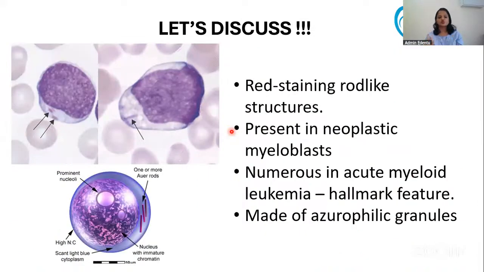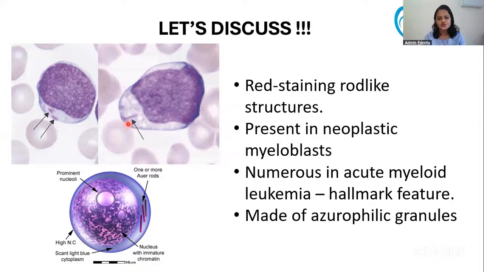Now let's see what Auer rods are. This is a myeloblastic neoplasm, so you'll be able to see large cells like this. Myeloblasts will be seen, and this is the main nucleus. In the cytoplasm, at the periphery, you'll be able to see red or pink stained rod-like structures like this. Yes, these are the Auer rods. They are usually present in the neoplastic myeloblasts and are considered a hallmark feature of AML.